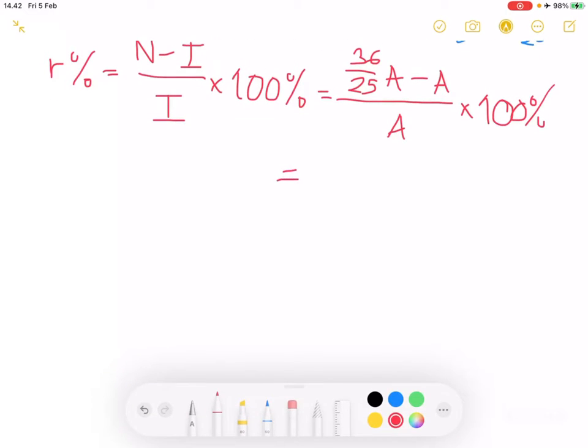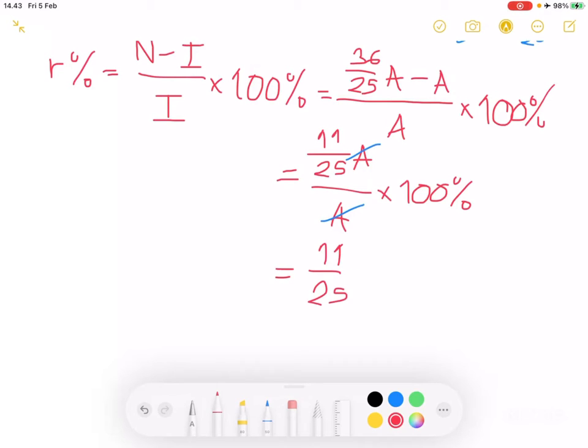Then the numerator simplifies into 11 over 25 of A, and this is over A. Notice this A and A cancel, and then we need to multiply this by 100%. I'll just rewrite this again.